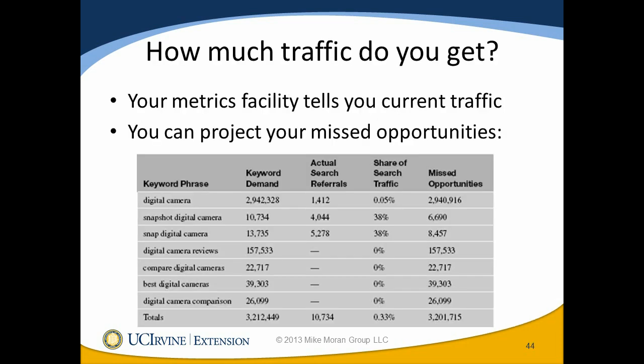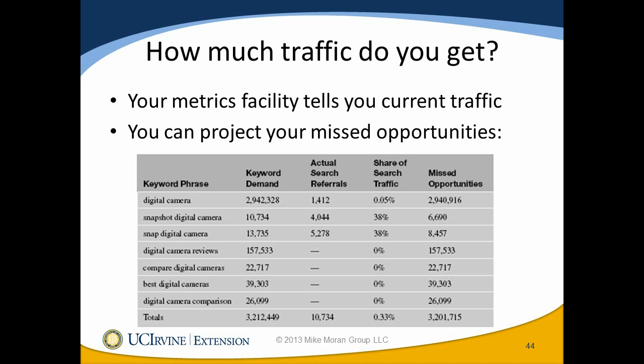So you also want to look at how much traffic you get. So as we said before, you use your web metrics or web analytics system to tell you what the traffic is from search engines. And that allows you to then project how many opportunities you're missing. So when we looked at what those keywords are, it shows you how many you can bring in each month.